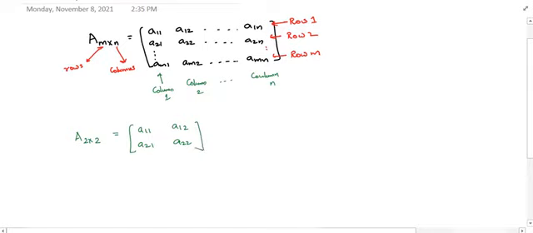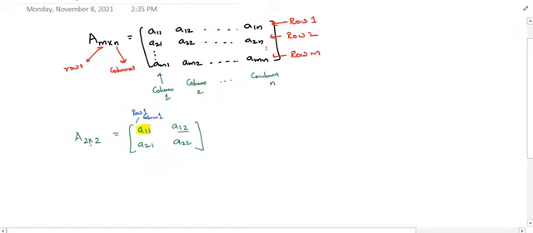It means this element A11 is the element in the first row and first column. So that's why both subscripts are 1, 1. Similarly, this element is in the first row but the column is second. Okay, and this is how it works.